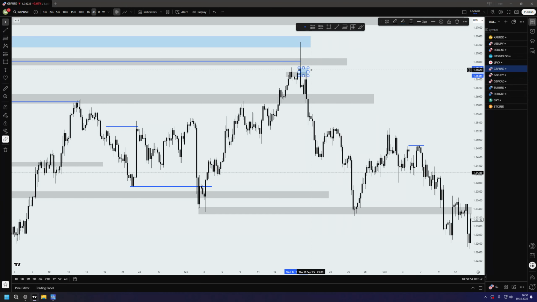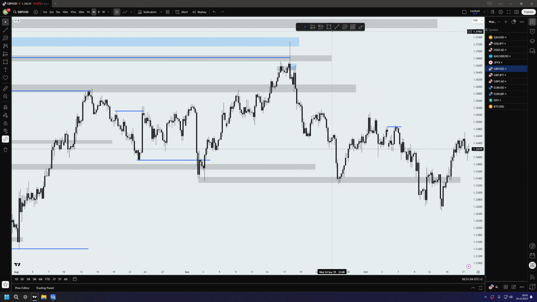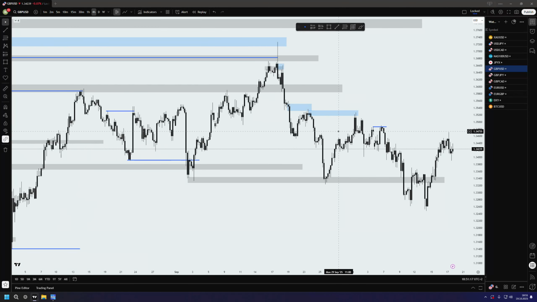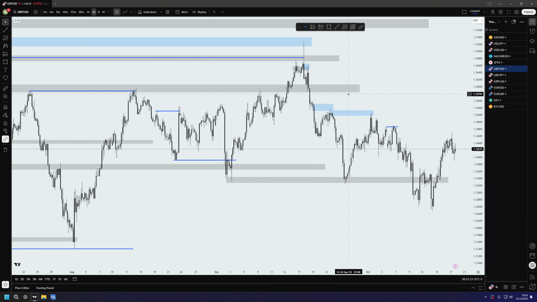We have a 4 hour EG right here. We have this zone right here. I've already made a video about POIs, so you should already know why I mark these levels.